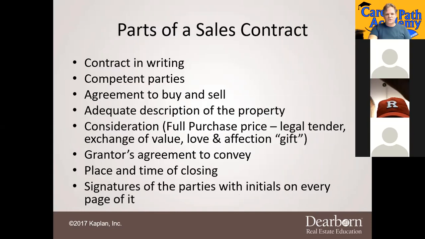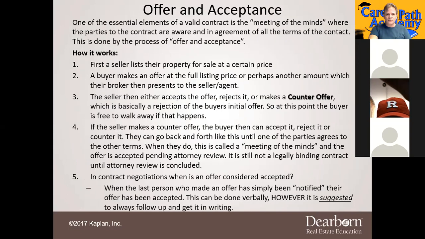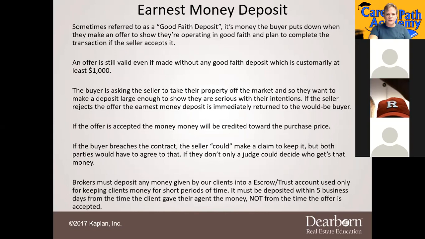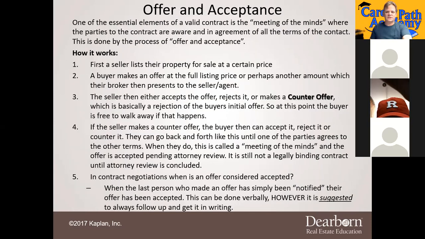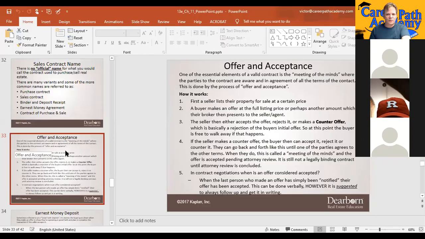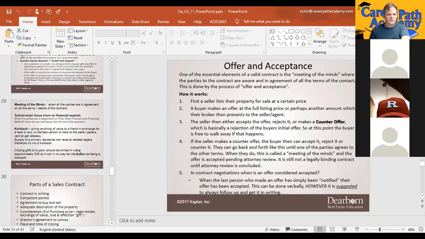Parts of the sales contract. This stuff is a little bit out of order here, though. Offer and acceptance should be here. And earnest money deposit, we already went over. All right. Yeah, there's a couple slides here out of order. Let me reorder them. This is slide number 33. Parts of sales contract.